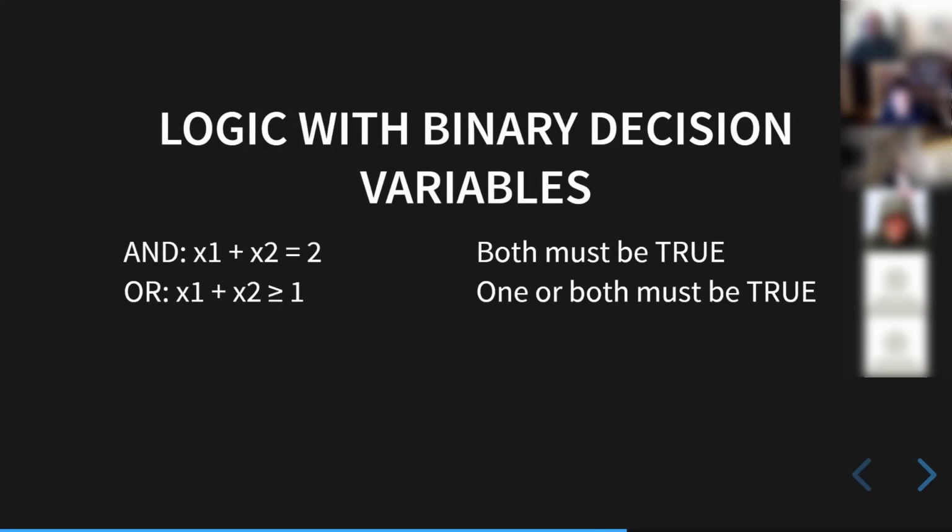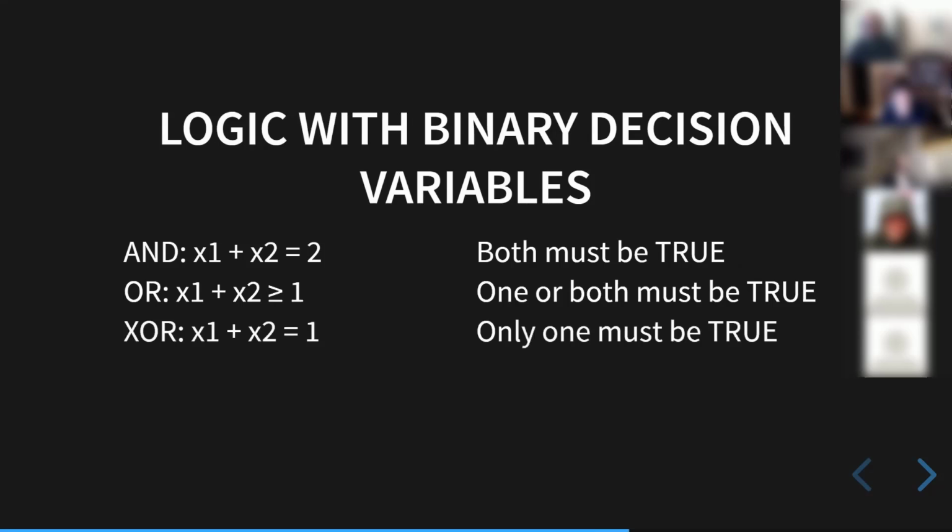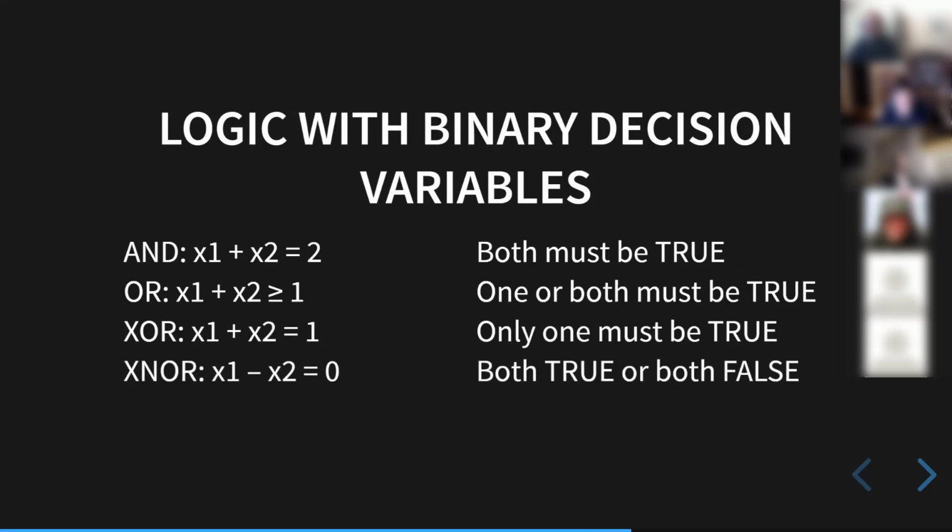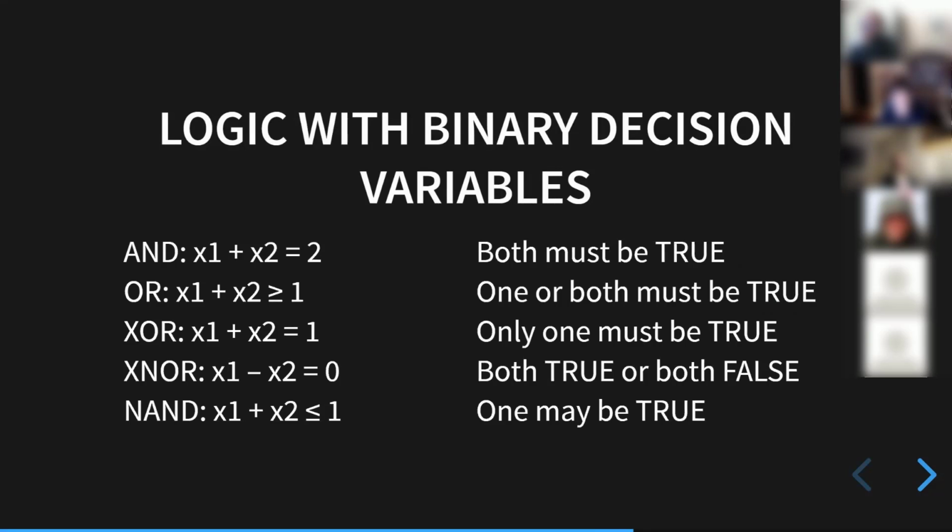You can model ORs. You can model XORs. You can model XNORs. And you can model NANDs, right? So if you're saying, hey, I have these conditions and I could have very tight control over what is true at any given time and what conditions are mutually exclusive, or if this, then you must do this as well, that type of logic.